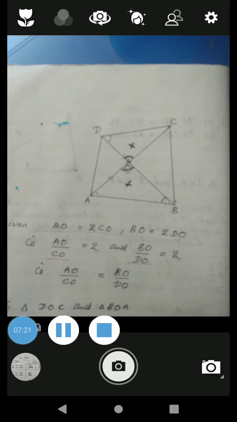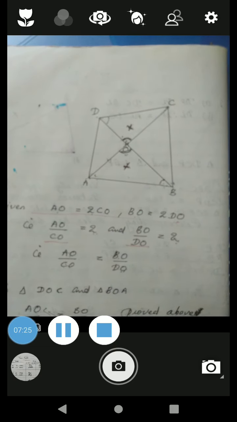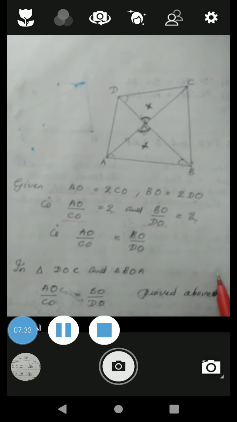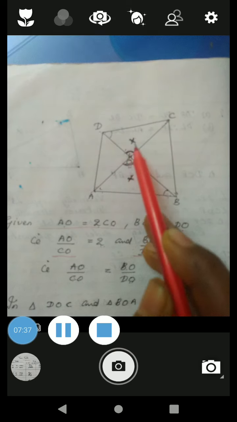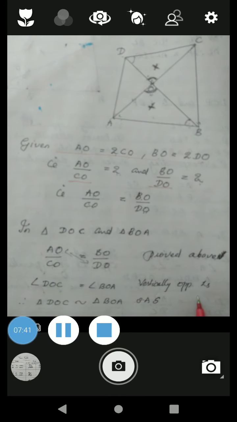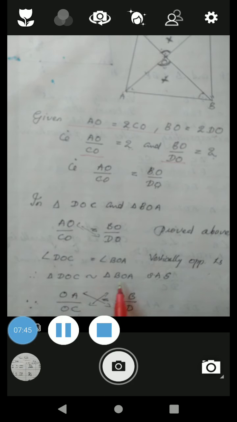Consider these two triangles. Since the corresponding sides are in proportion, and the included angle, the vertically opposite angles, are also equal, therefore by SAS postulate, these two triangles are similar.